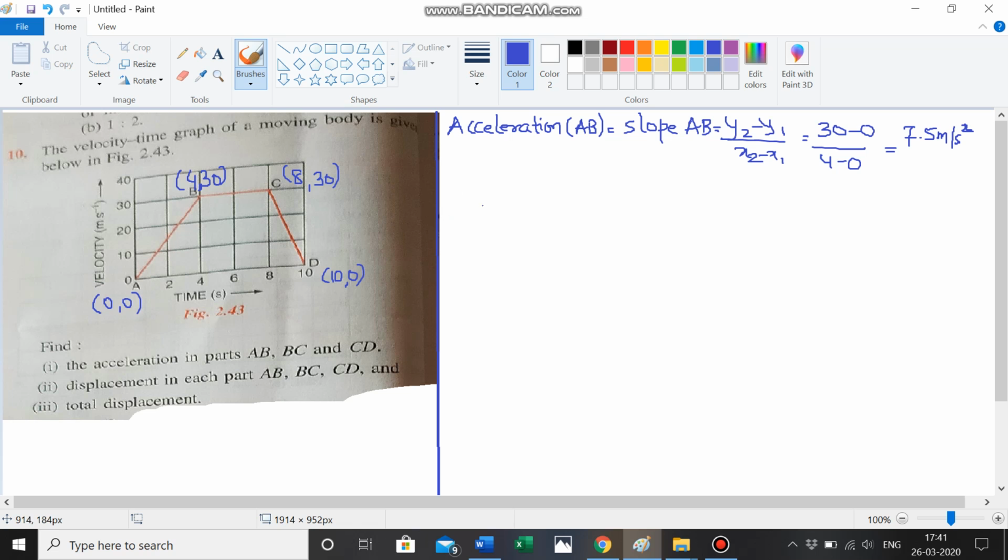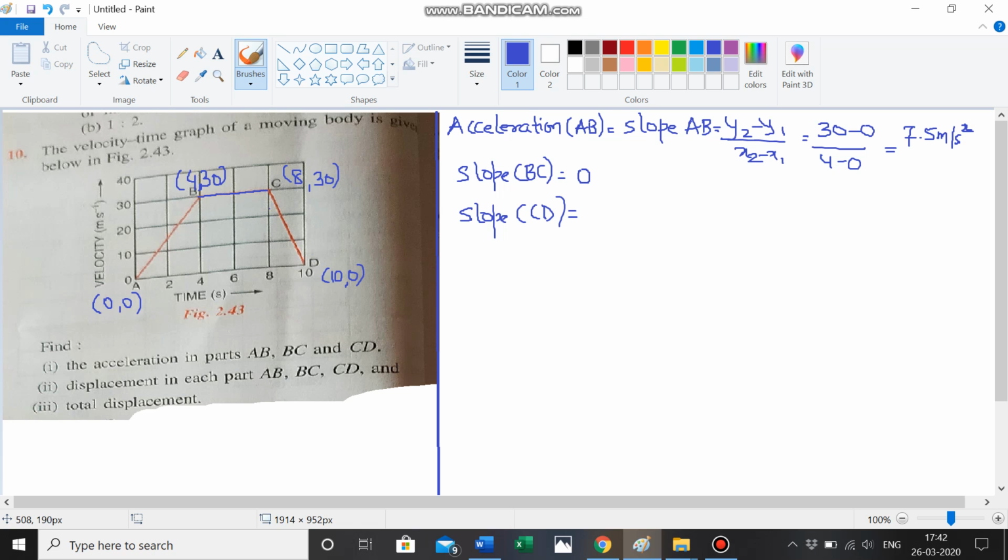Let's look at part 2, the slope of BC. Now I don't even need to calculate. I notice that this is a straight line parallel to the x-axis, which means it is moving at a constant velocity, which means acceleration is 0. Let's look at part C, which is the slope of CD. Now I notice that this is a negative slope.